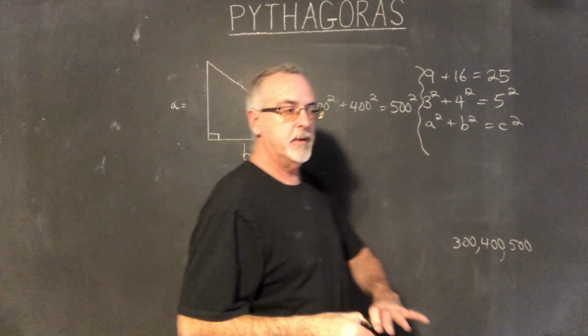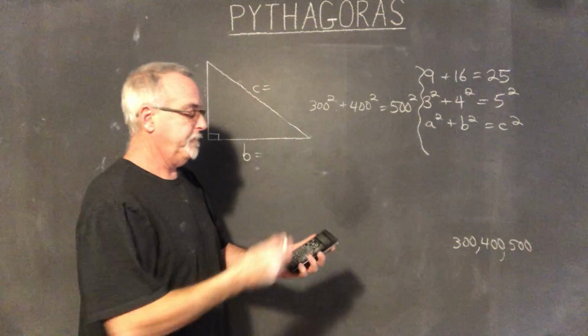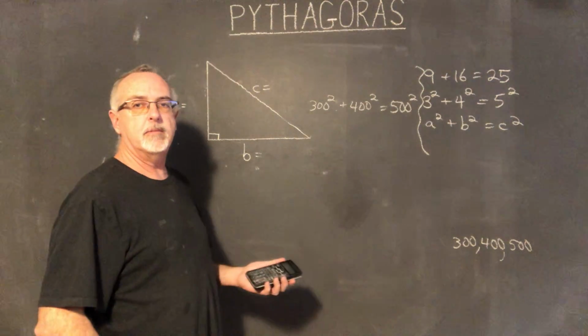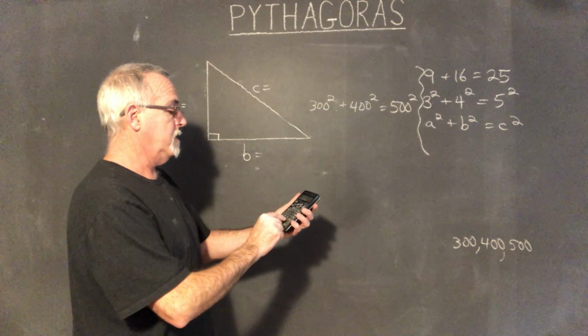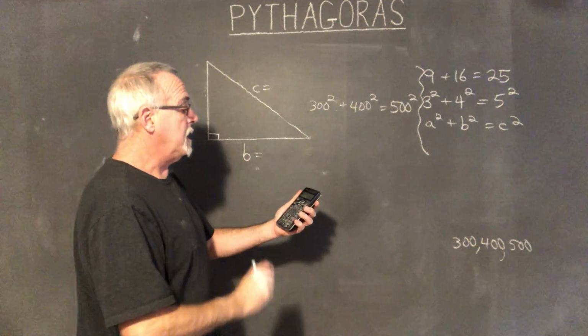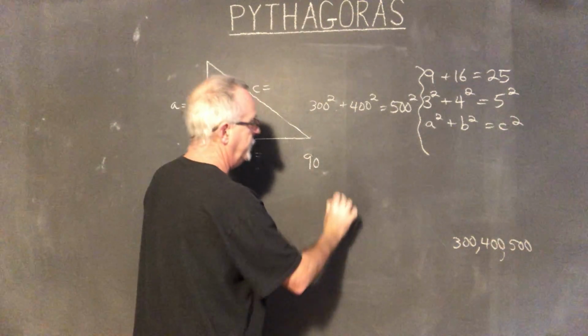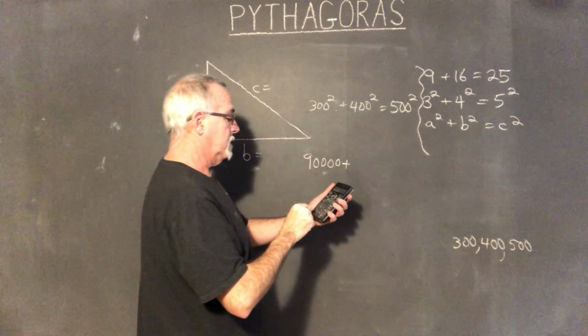Even I'm reaching for my calculator at this point on, and I might be able to do this in my head, but I don't want to be show-offy and then make a mistake because of it. So 300 squared, 300 times 300 equals 90,000. Woo! So big that I have to move further down to make room for it. 90,000. 400 squared.